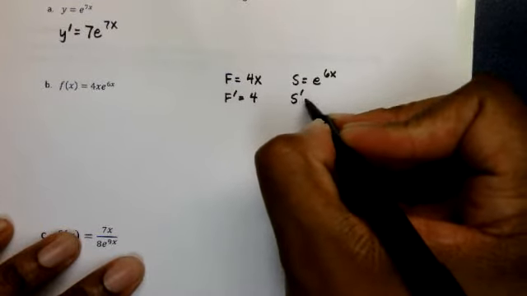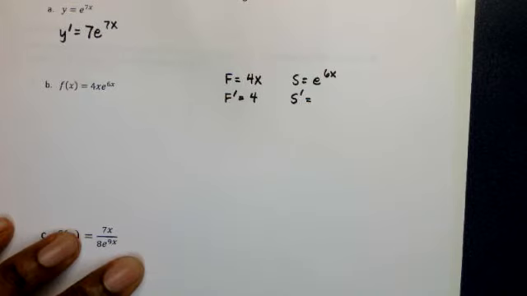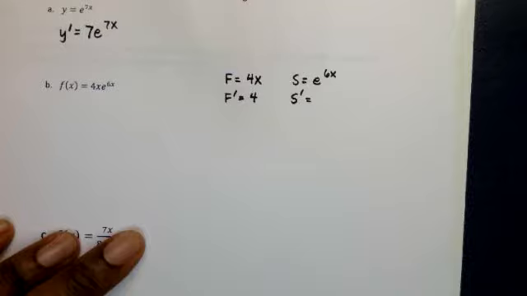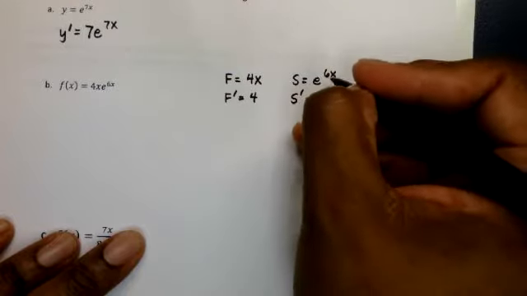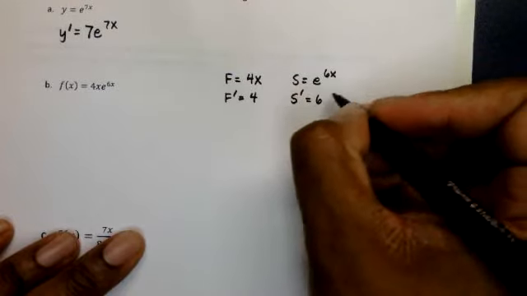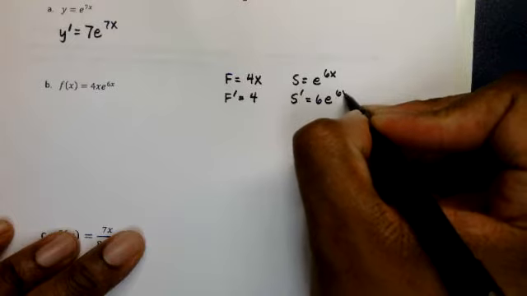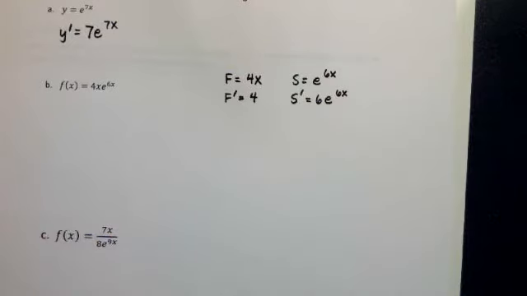And then for the second term, which is e to the 6x, its derivative will be, using the derivative of e to the kx, that constant 6 in front of the e to the 6x, because the derivative of e to the x is e to the x. So there we have it.